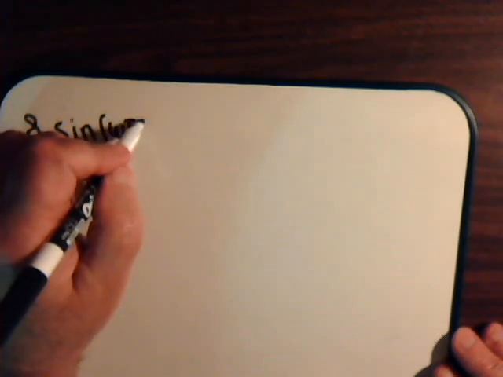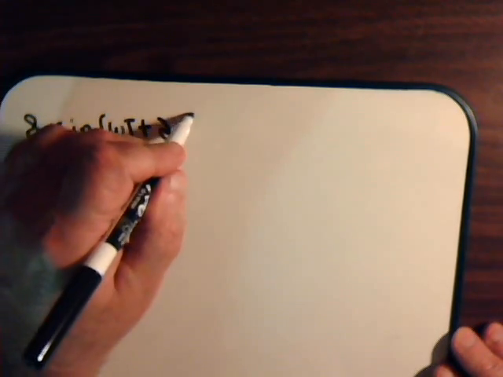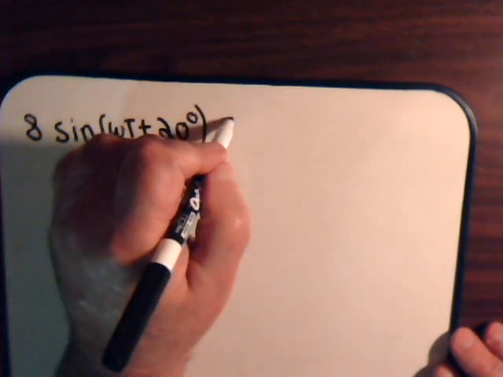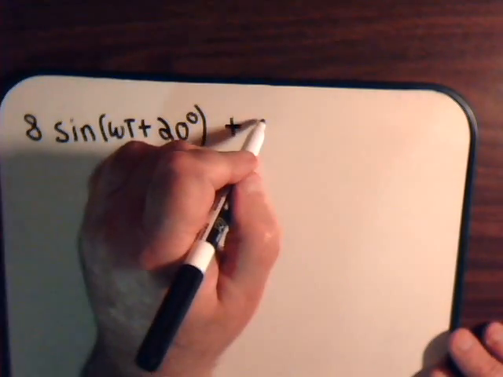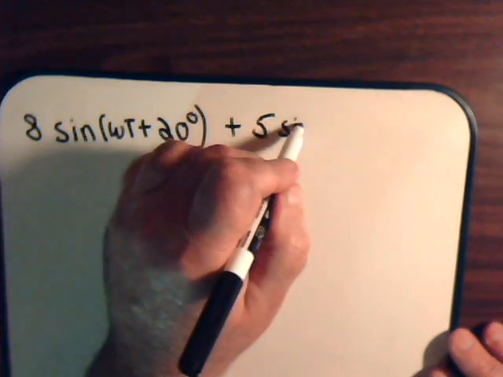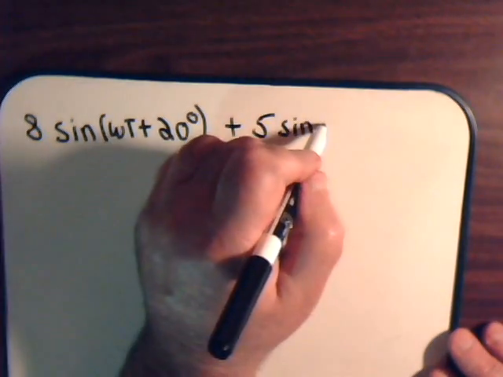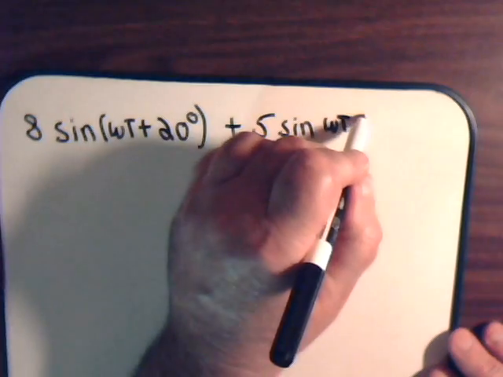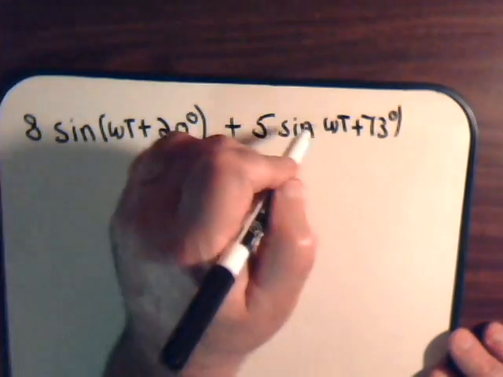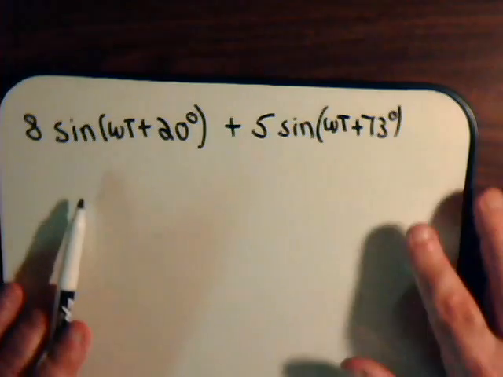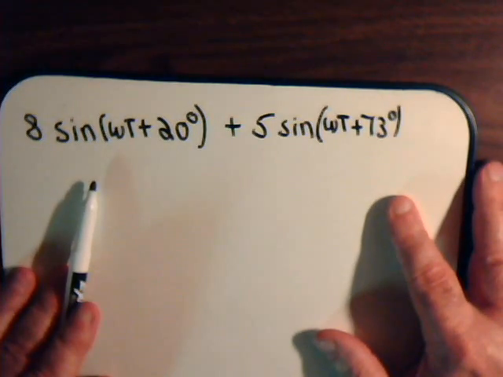So, as you saw in the previous example, if we have a problem where maybe you have 8 times the sine of omega t plus 20 degrees, and we're going to add to that maybe 5 times the sine of omega t plus 73 degrees. We can add these together as phasors, these two different sine functions, and solve the answer very quickly.